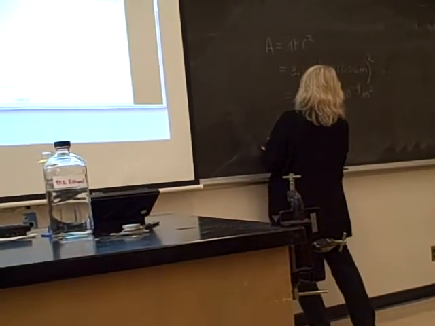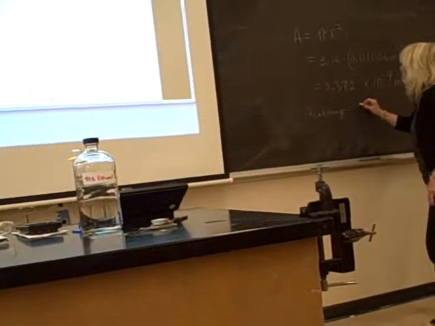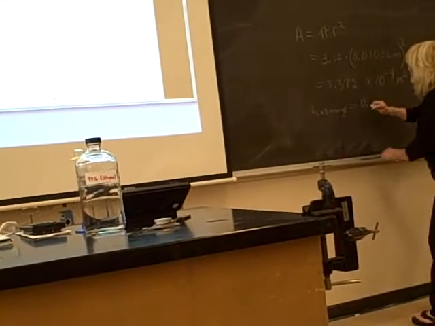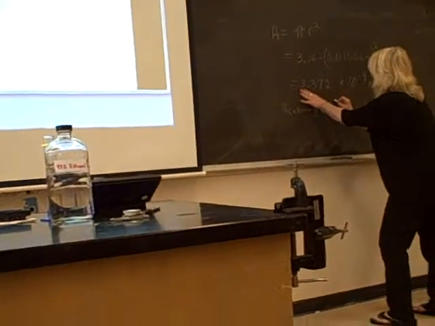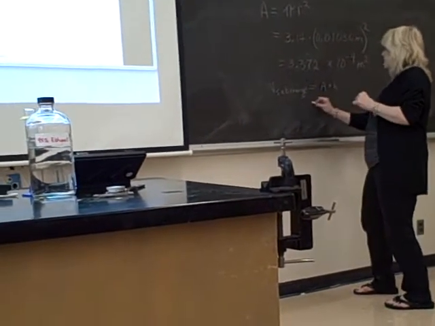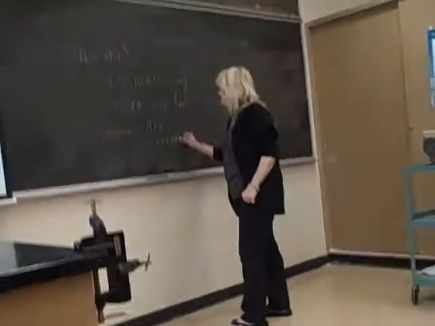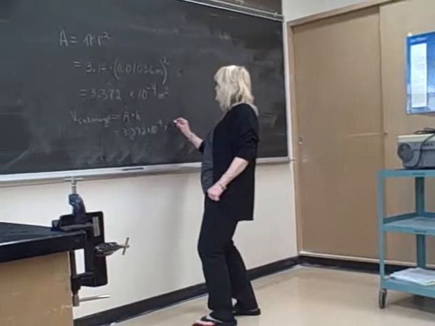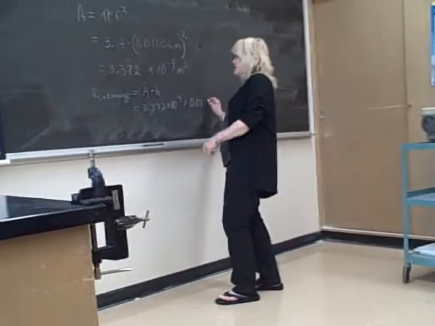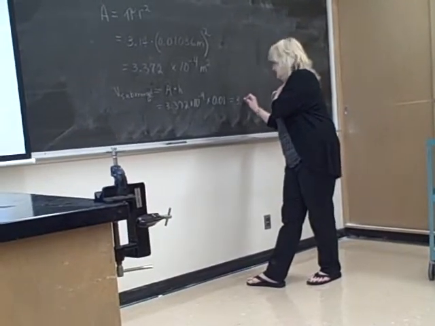V submerged 0.01. It's going to be the area times the height. So for this one, it's going to be 3.372 times 10 to the negative 4 times 0.01. So that's just going to be to the negative 6.